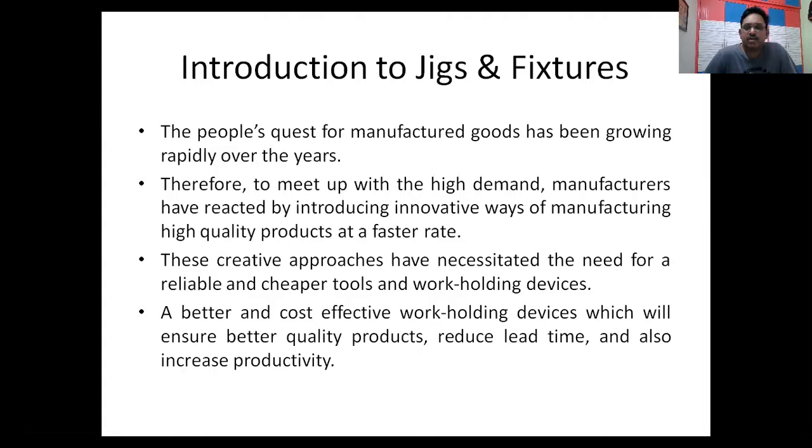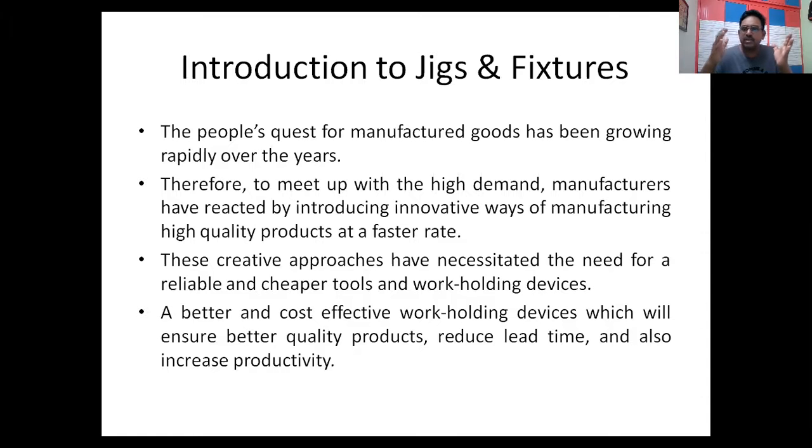Better and cost effective work holding devices will ensure better quality products, reduce lead time and also increase productivity. Definitely the quality of the product will increase, and because of this mechanism, lead time is reduced. Lead time means setup time. The time other than the real production time is called lead time.